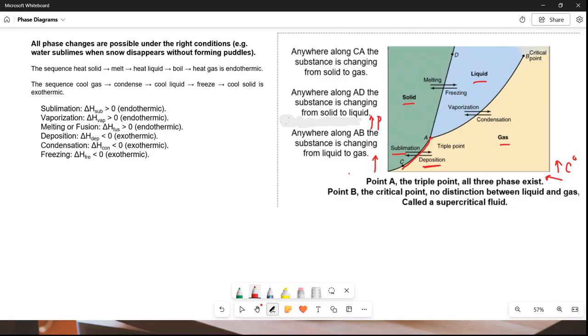Then along the axis, point A all the way up to B, we have an interface between liquid and gas. And so the change in phase between liquid and gas is vaporization if it goes liquid to gas, and condensation if it goes from gas back to liquid. So when you have an icy glass of lemonade and all of a sudden you see all this moisture dripping on the outside of the glass, that is not coming from inside the glass.